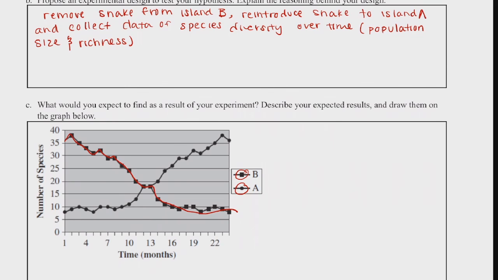And this is reintroduced to A. Though we're seeing a decrease here, it'll increase once snake is introduced. And then this down here is snake removed.